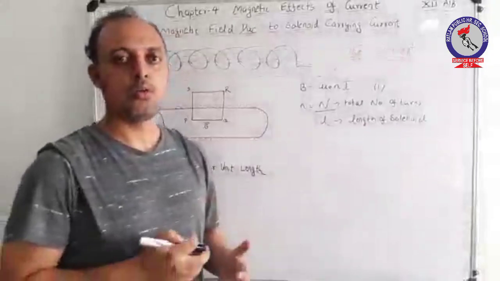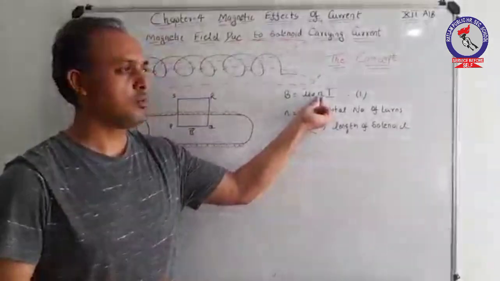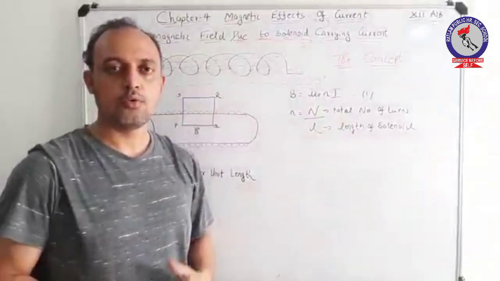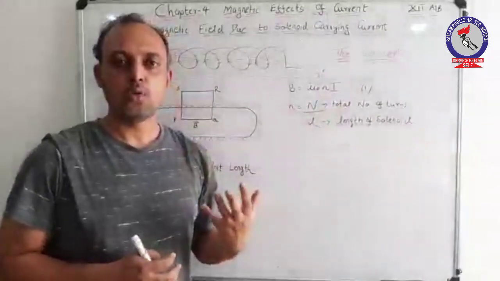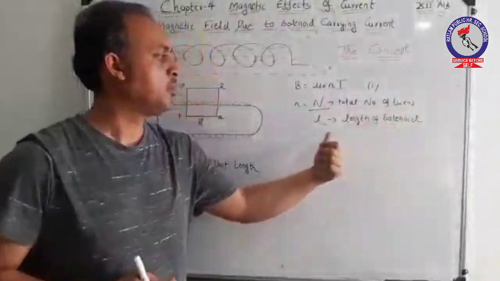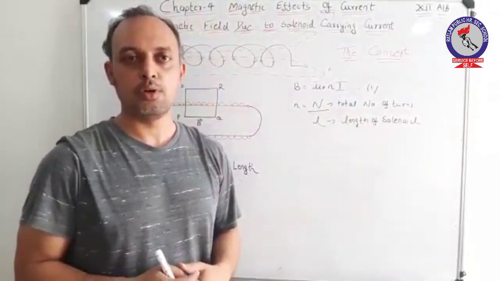Hence, in order to calculate the field due to a solenoid, you should remember that this small n doesn't only stand for the given number of turns, but in order to calculate the value of n, you need to divide the total number of turns by the length of the solenoid.